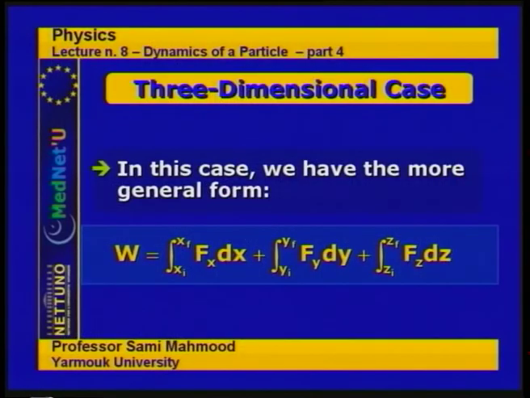Of course, in looking at this formula, we can have a force with only one component. We could have a one component force, supposedly f sub x only is non-zero, and f sub y and f sub z are 0, then we will get a case which is similar to the one-dimensional case.